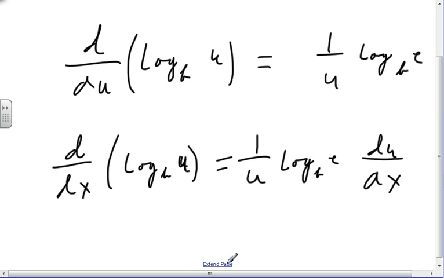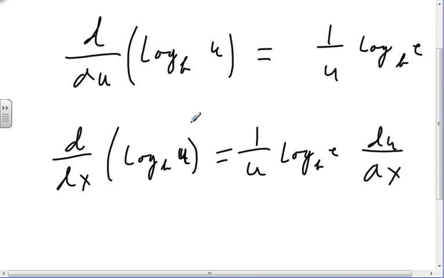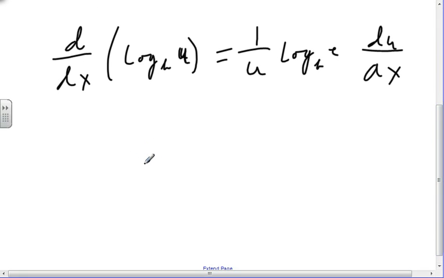Okay. And then continuing. Now those two formulas are probably going to be used in this section of the book and never again in your life. But the next two formulas are going to be used often in your life, and that is that the derivative with respect to u of the natural log of u is 1 over u.